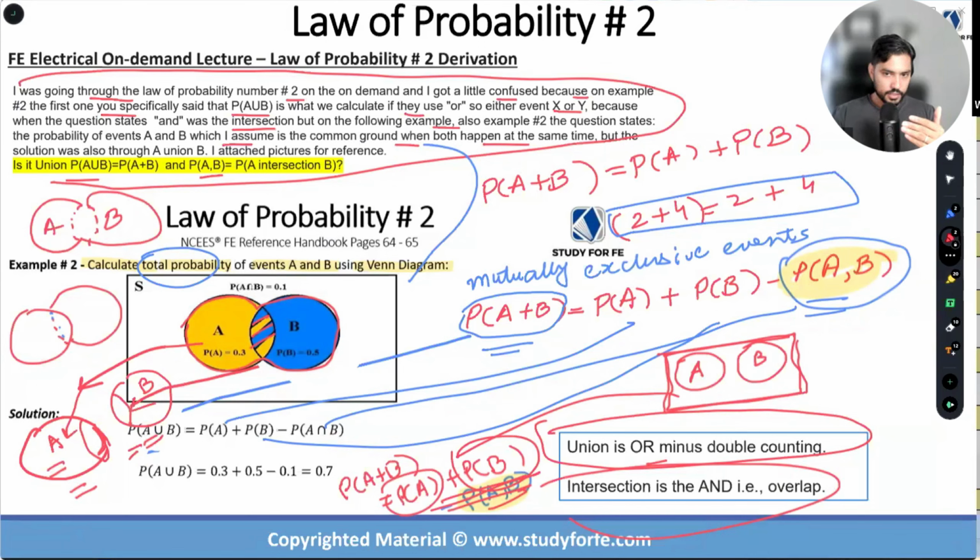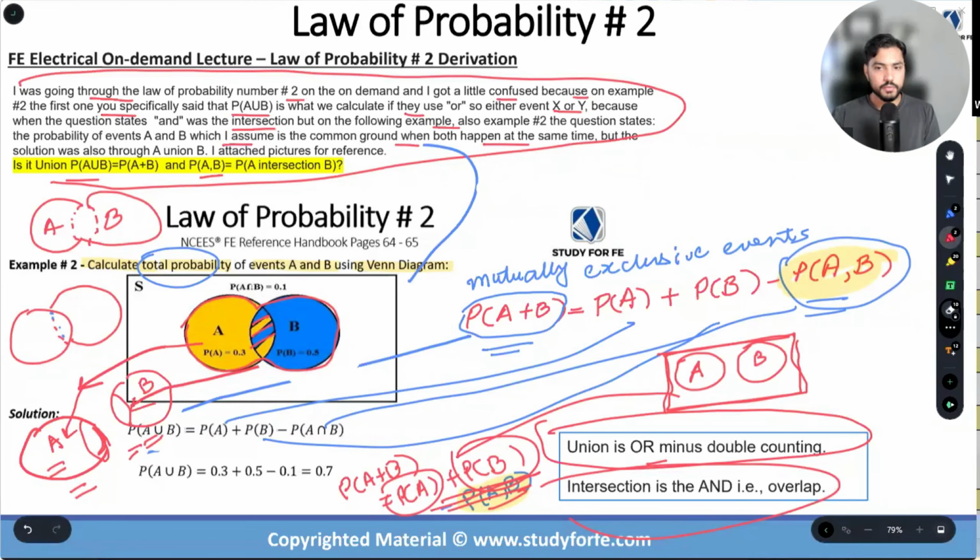Now, while we are at it, let us also discuss independent events. What was the definition of independent events? It came up in law of probability number 3. Can somebody give me an example of an independent event? They sound similar to mutually exclusive events, but strictly speaking, they are different. Coin toss.